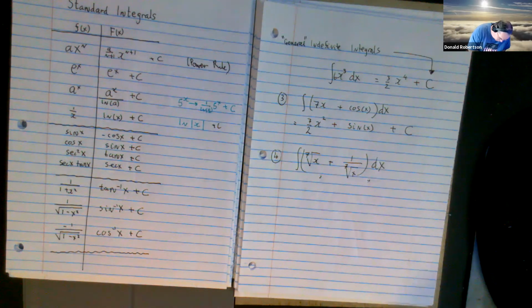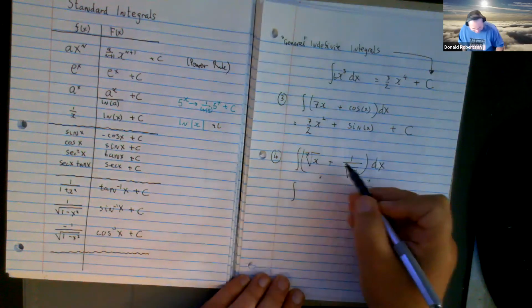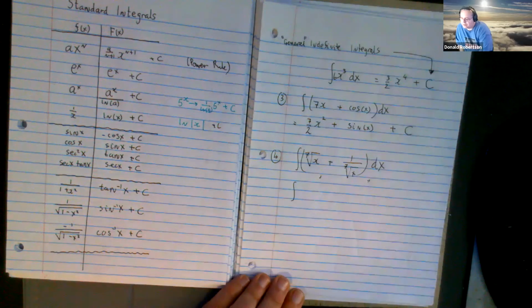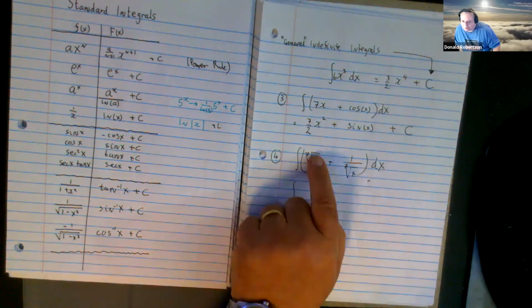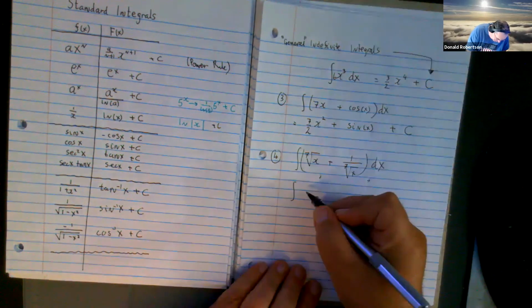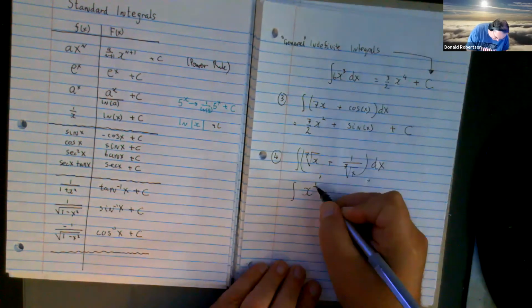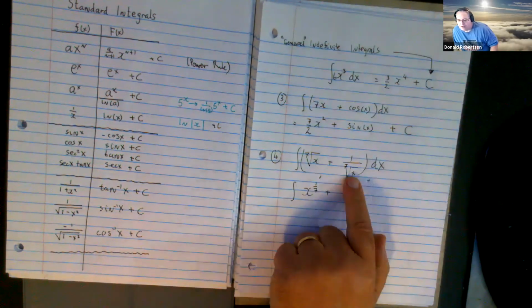There is no way in the world I'm going to be able to find any antiderivatives if I leave them looking like this. Agreed? Now, the 7th root of something is a fractional power, and that fractional power is 1/7. This one is 1 over that guy.